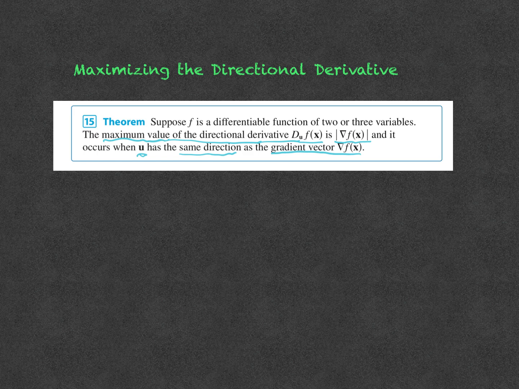So what's important here is the maximum. The maximum directional derivative is the length of the gradient of f, and it occurs in the same direction as u, your unit vector that you find.